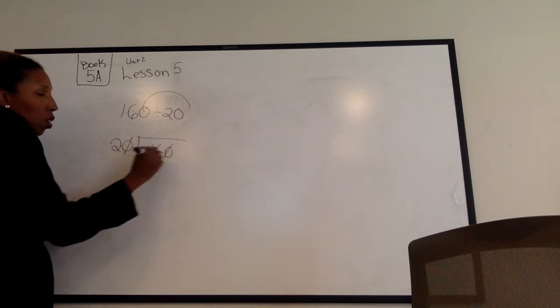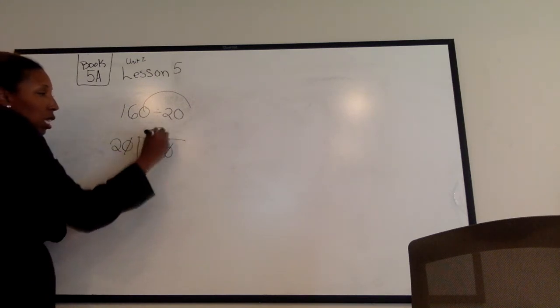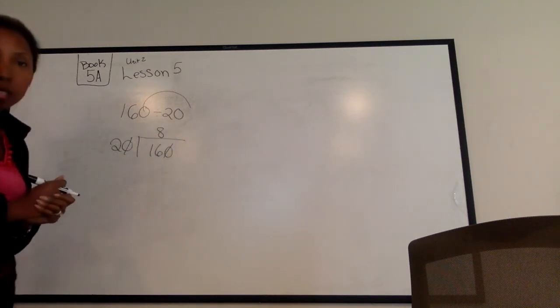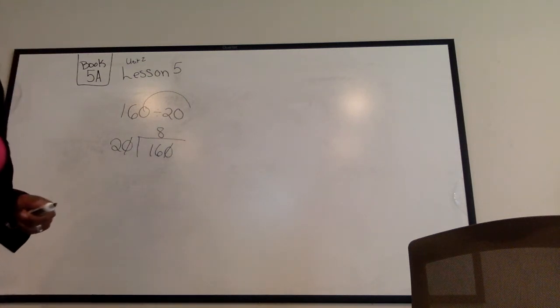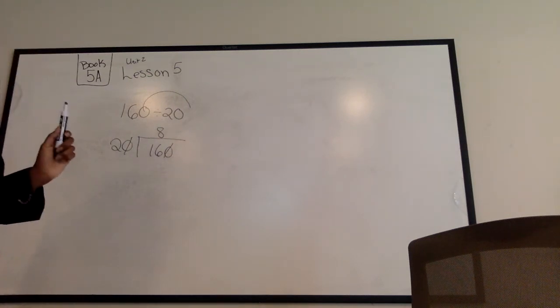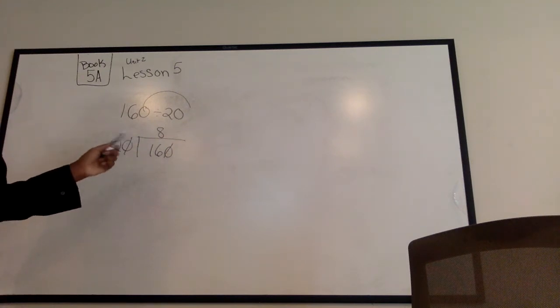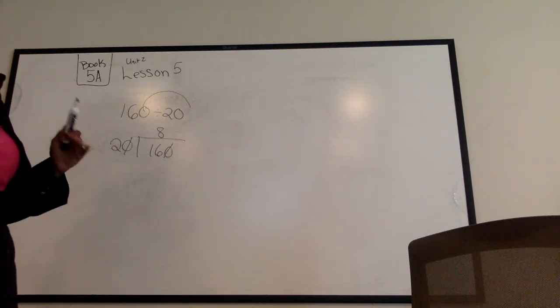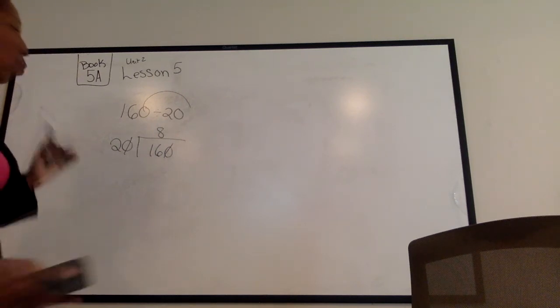Well, we can cross those off. 2 goes into 16 8 times, done. Okay, so now, one of the things I want you to realize is that even though I'm doing it like that, there is actually a process I want you to understand when we're doing a division.